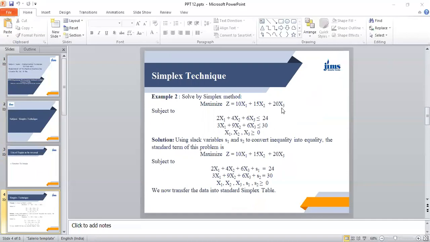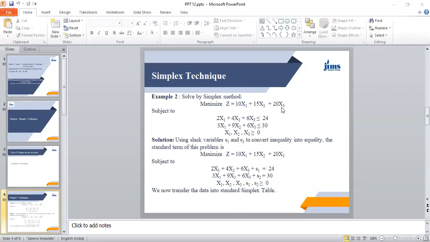Similarly, if the number of unknowns is 3, then you need 3 equations to find out the values of these 3 unknown variables. Whereas by the simplex technique, even if there are 3 variables and you have only 2 inequations, you can still find out the values of the variables which will optimize your solution.